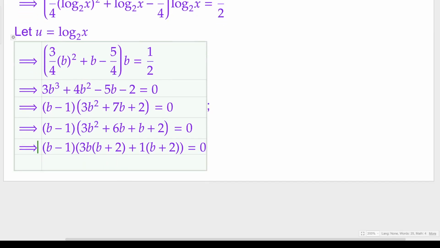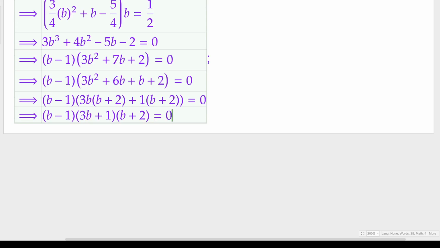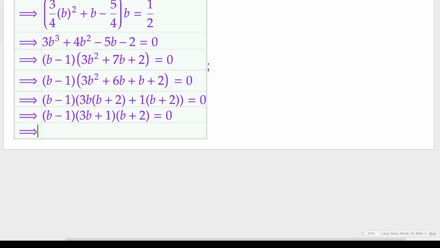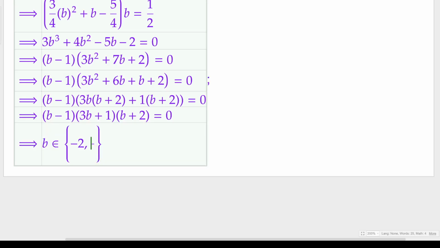Now on resolving this, we'll get 3b plus 1 times b plus 2, that is equal to 0. So these are the three different values of b that we get. So b belongs to this set: negative 2, negative 1 over 3, and 1.